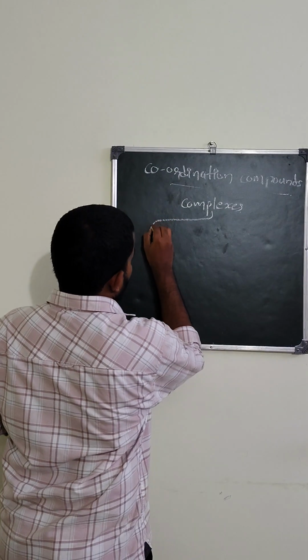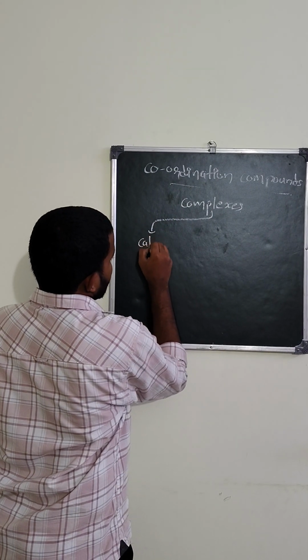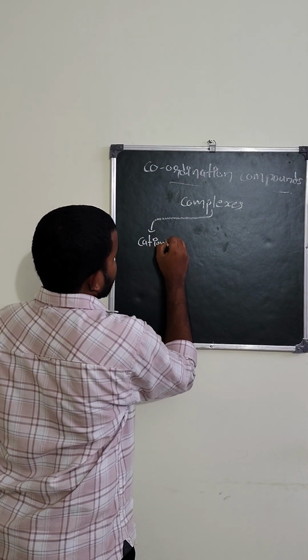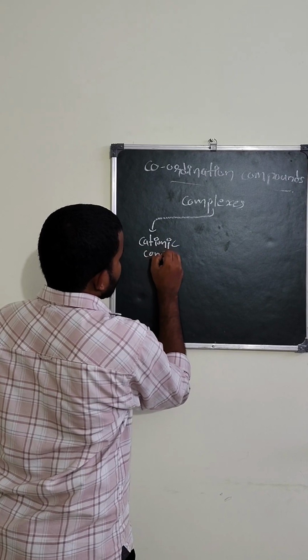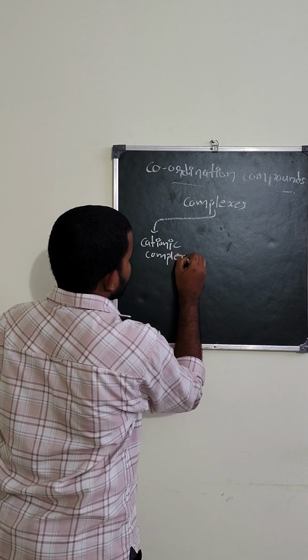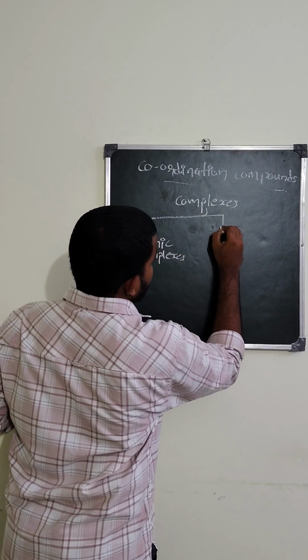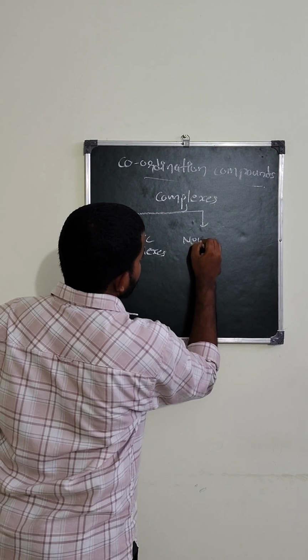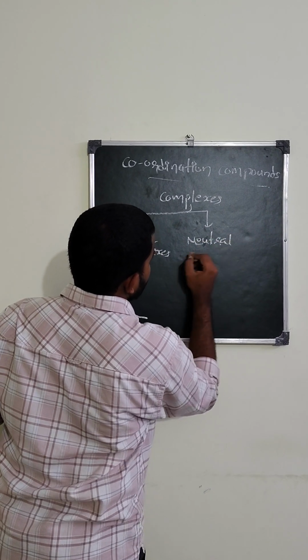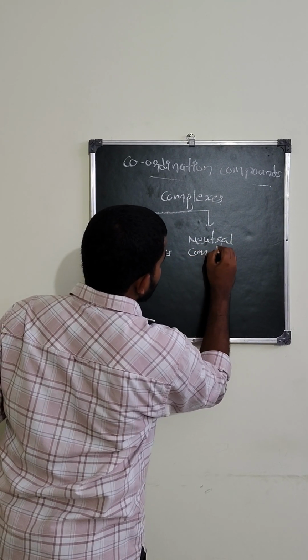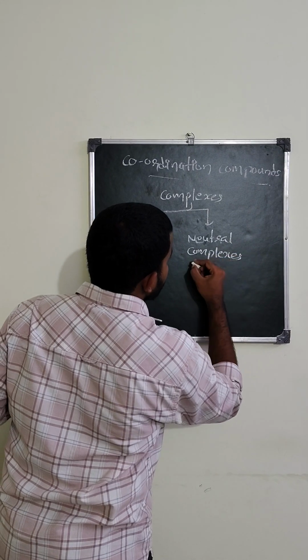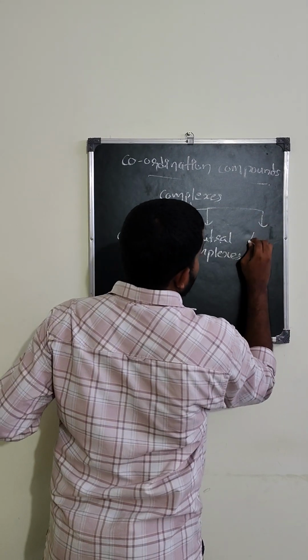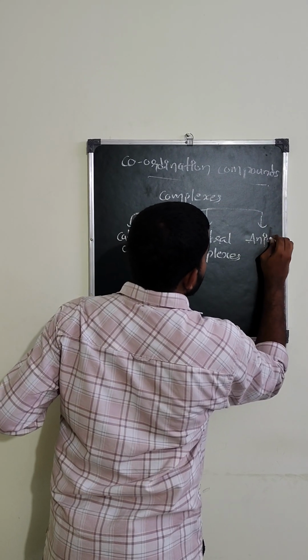First one is cationic complexes, second one is neutral complexes, third one is anionic complexes.